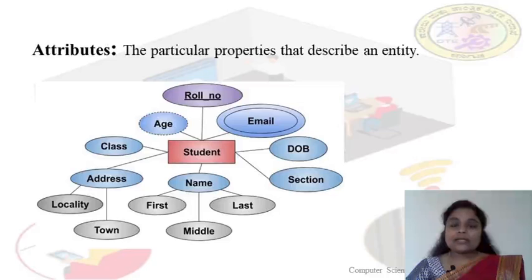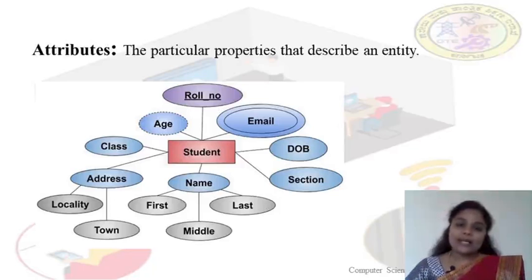Everything will describe a particular person, so I can differentiate a particular man from another man. These features or properties that represent a particular entity are termed attributes.